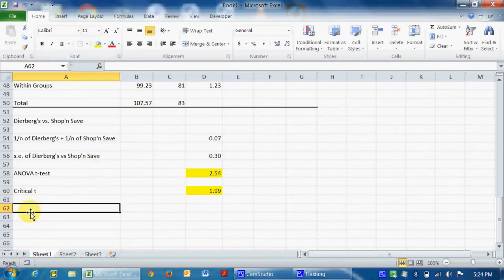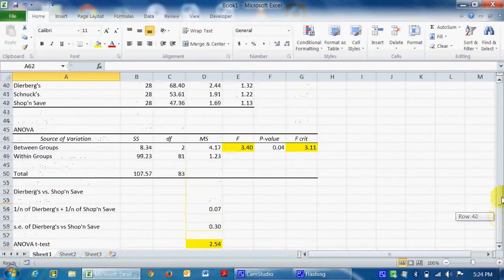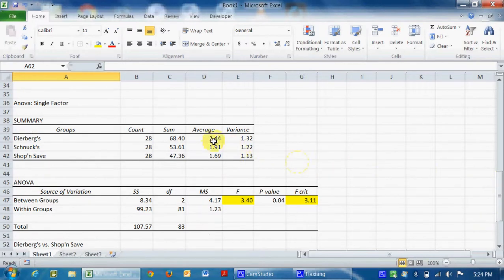And we can say the T stat at 2.54 is greater than the critical T at 1.99. So at this point, you should know what that means, that we are going to reject the null hypothesis and accept the research hypothesis that there is a significant difference between the means of Dierberg's and Shop and Save. So Dierberg's is 2.44, Shop and Save is 1.69.